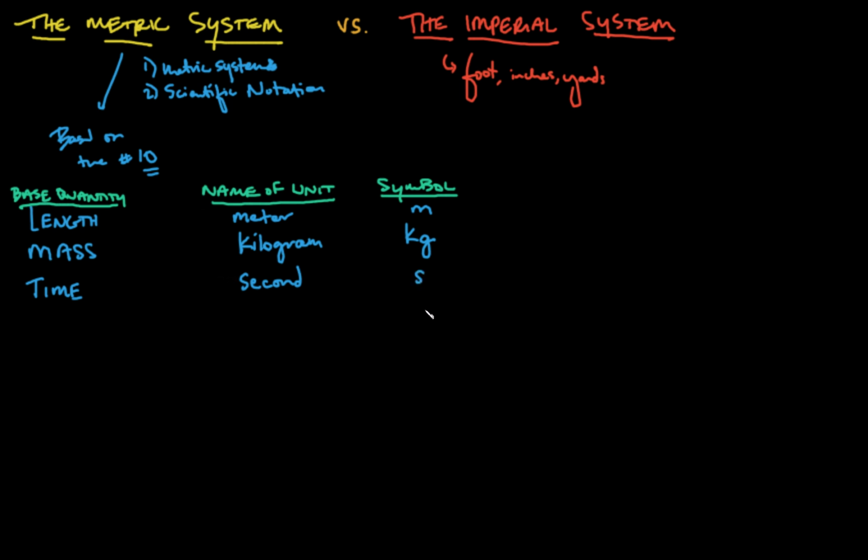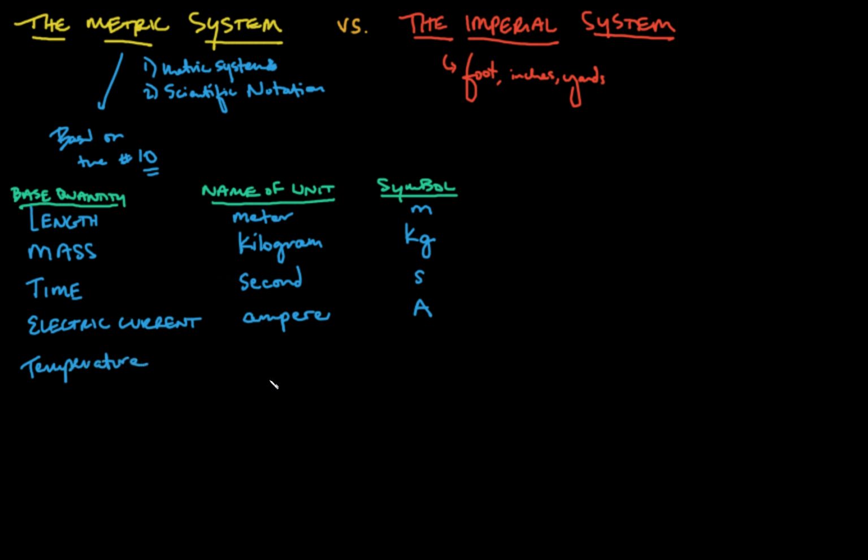All right. We haven't gotten this far yet, but I'm going to go ahead and give it to you. When we talk about electric current, we're talking about the unit ampere, A-M-P-E-R-E, and we abbreviate that with the letter A. Then there's temperature, which you might know right off the top of your head.